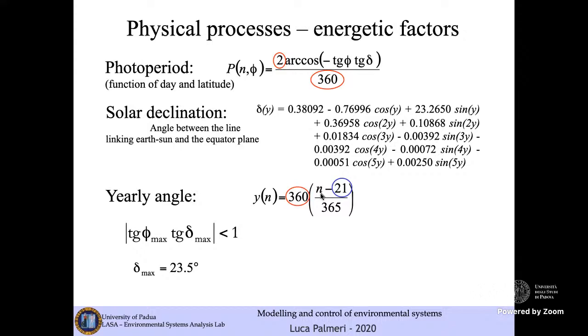N equal to 21 will be the spring equinox, so it is the 21st of March, so that the yearly angle will be 0 on the 21st of March. So during the solstice of spring, sorry, this is not the solstice, it is the equinox.